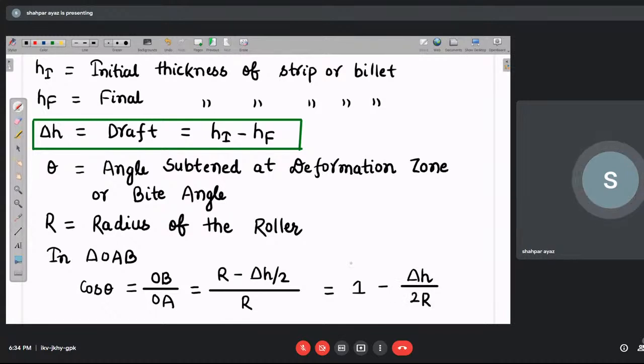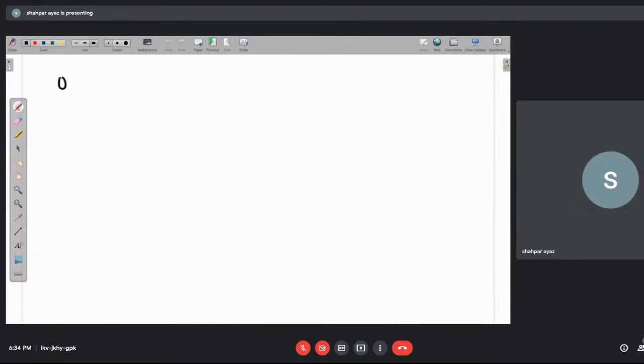If you want to calculate the bite angle, you need to use this formula. Theta is equal to cos inverse of 1 minus delta H by 2R.